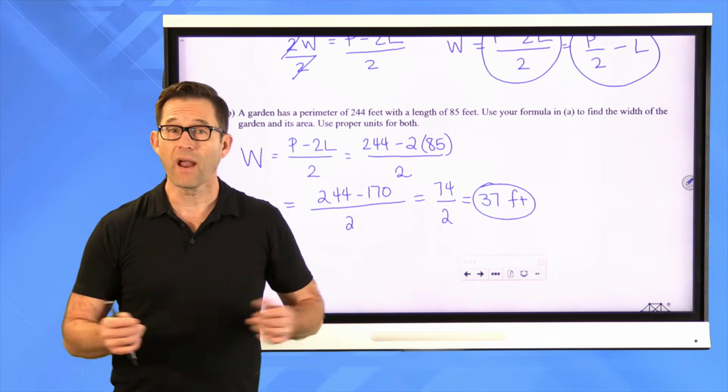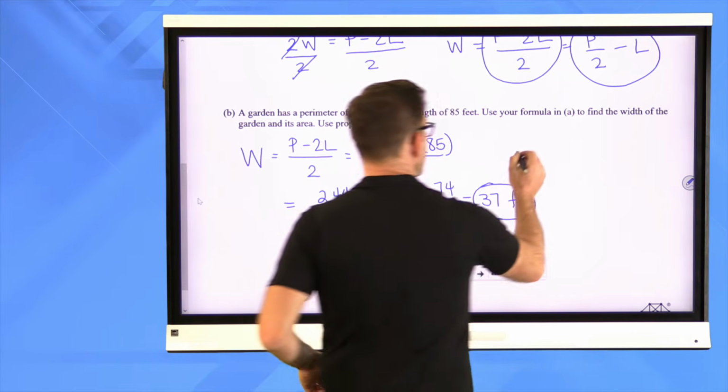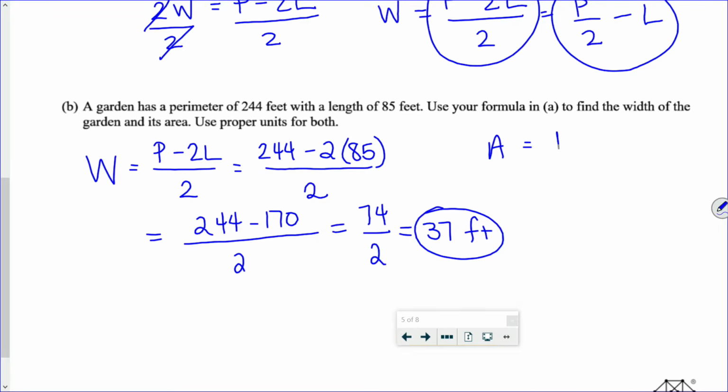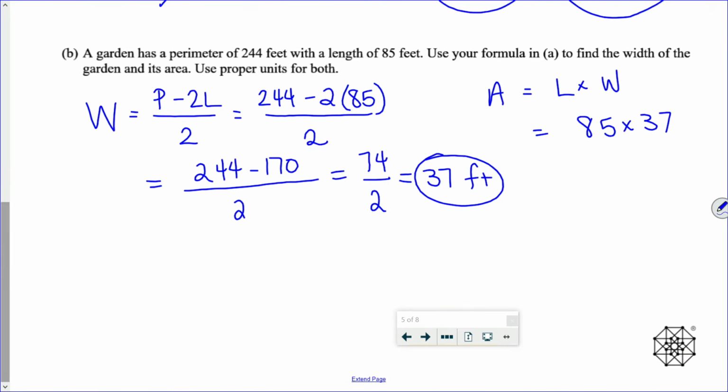All right, the area, of course, is just equal to the length times the width, which is then 85 times 37. I don't have my calculator up right now, so we could do this the long way. Let's do a little multiplication here.